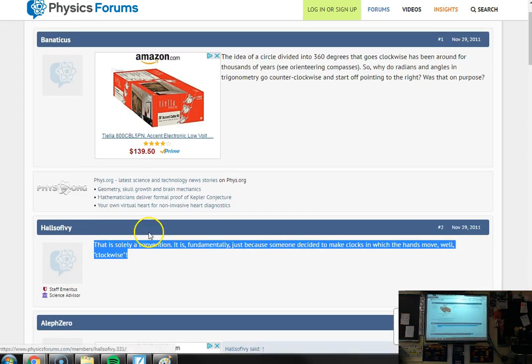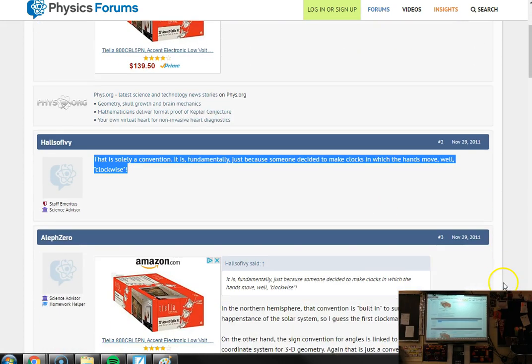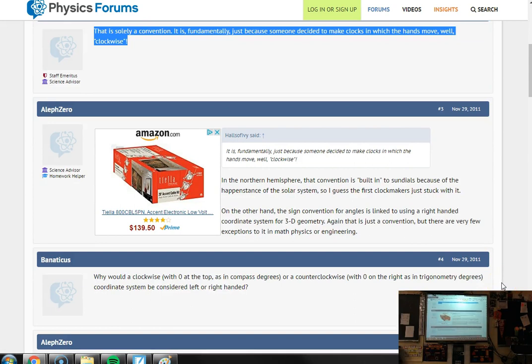The only reason that it's counterclockwise is because somebody decided to make it that way. I would bet it goes back to whatever models people started to use, the rotation of things going anti-clockwise, the positive geometric rotation.